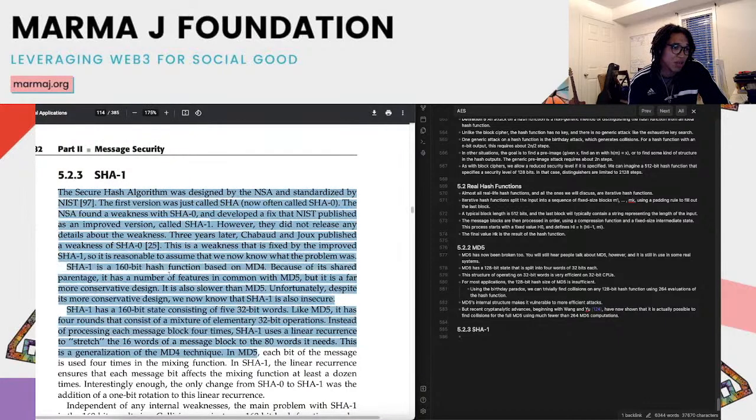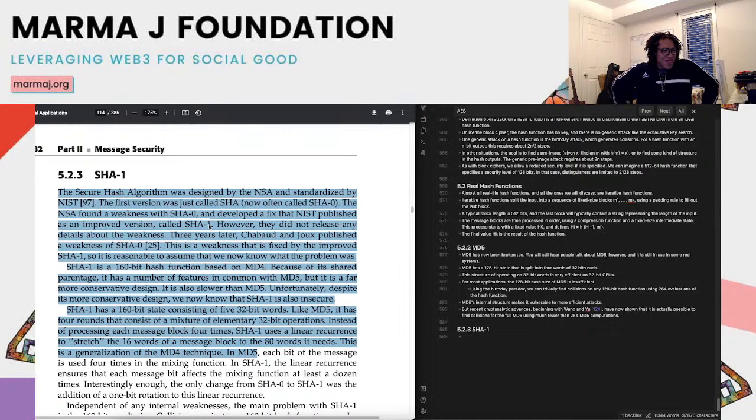The Secure Hash Algorithm was designed by the NSA and standardized by NIST. The first version was just called SHA, now called SHA-0. The NSA found weakness with SHA-0, and developed a fix and published an improved version, called SHA-1. And they did not release any details of the weakness. Three years later, others published a weakness on SHA-0. This weakness is fixed by the improved SHA-1, so it is reasonable to assume they knew what the problem was. SHA-1 is a 160-bit hash function based on MD4.